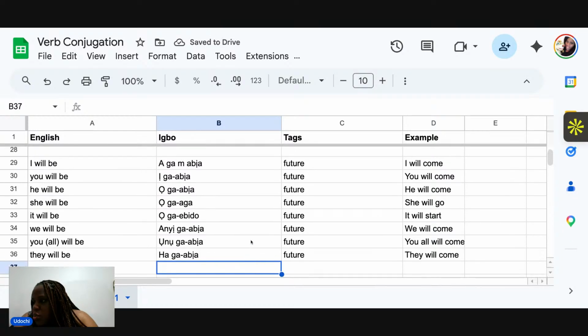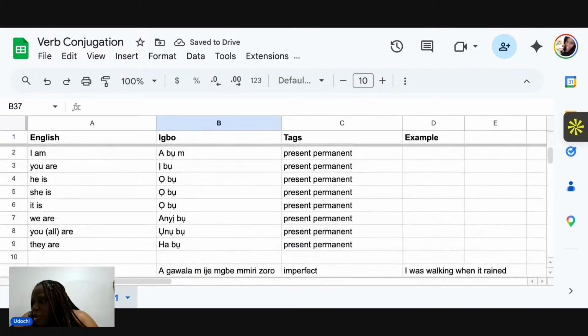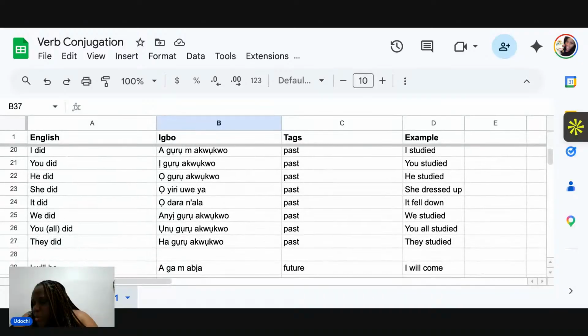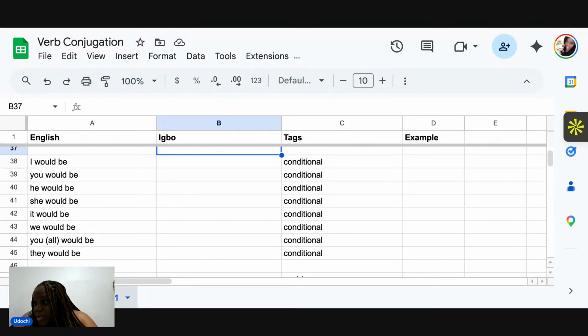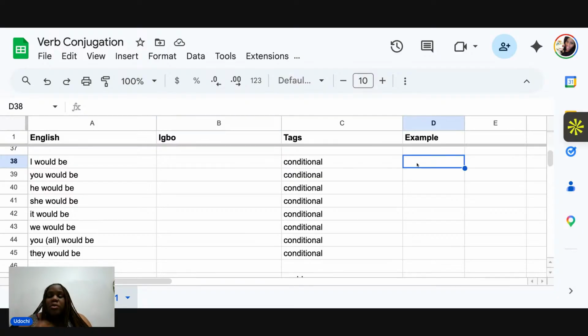So we have four tenses already. We have more than that. There's some at the bottom. This one is I would be. So I don't know what that means. Let's say I would come. I would come, as in I would come, but something else is happening, right?